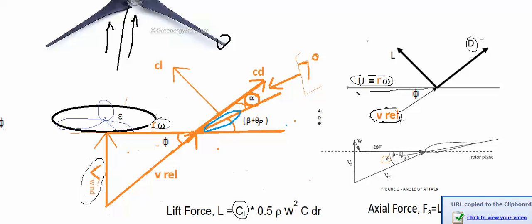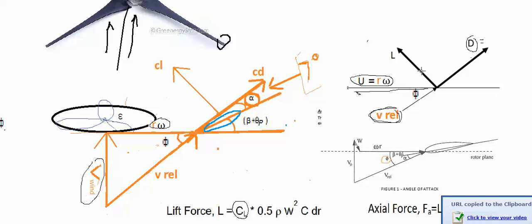This phi would keep on changing because the magnitude of wind is random in nature, so accordingly we will change the pitch, and we will try to keep our alpha at 7 degrees because it has the best lift to drag ratio, right?